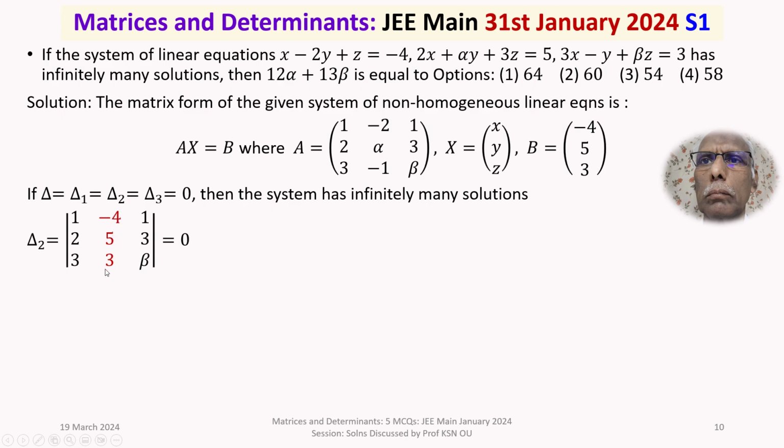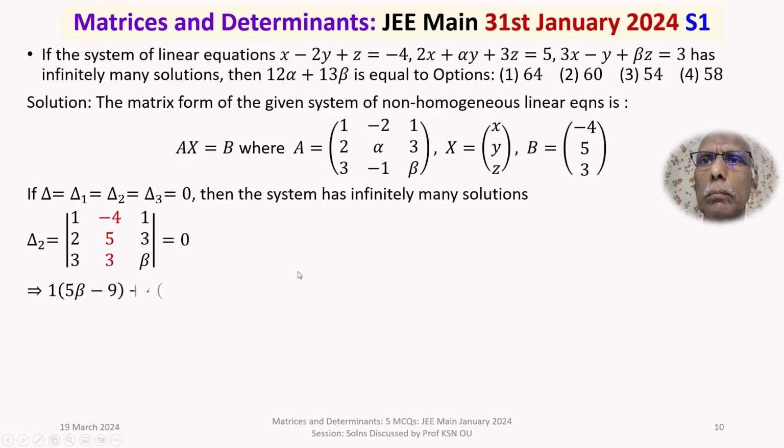We have shown you in the red color. That is delta 2 is equal to 0. If delta 2 is equal to 0, then if you expand, you will get the beta value. And why have I considered delta 2? Because we have 2 unknowns, alpha, beta. If I replace this by the known ones, -4, 5, 3, then I will get directly the value for beta.